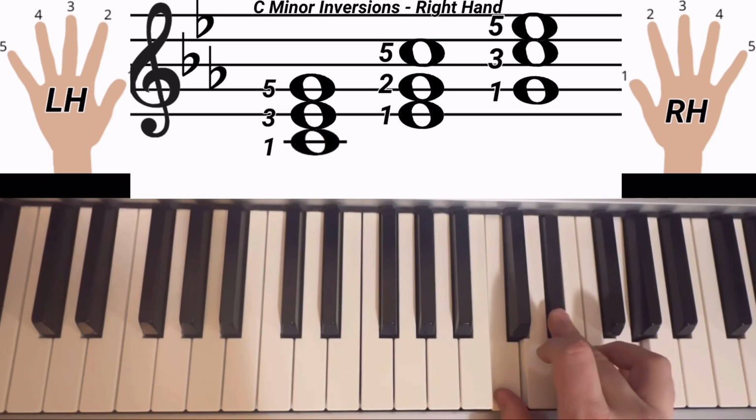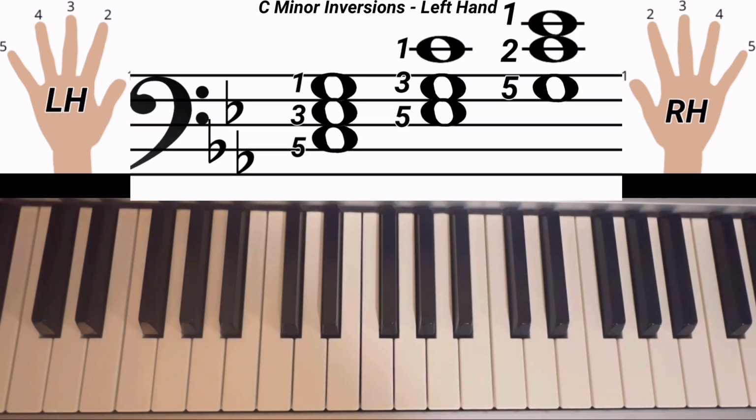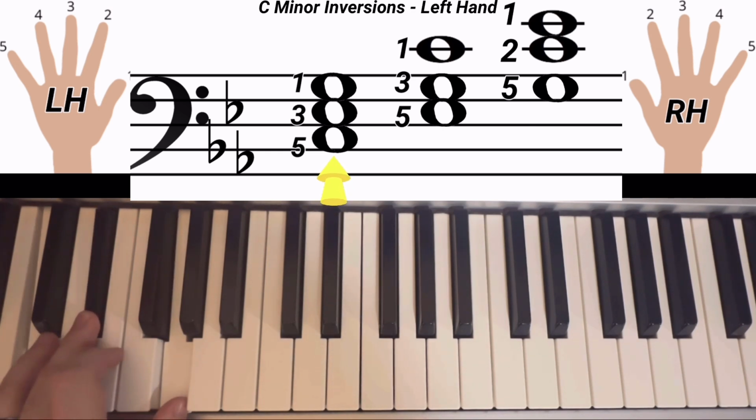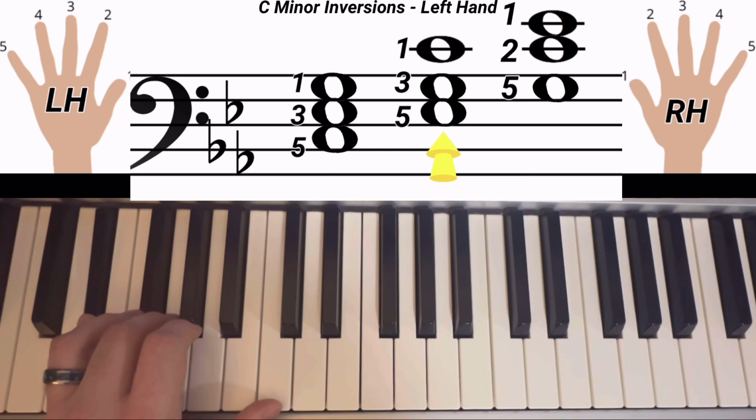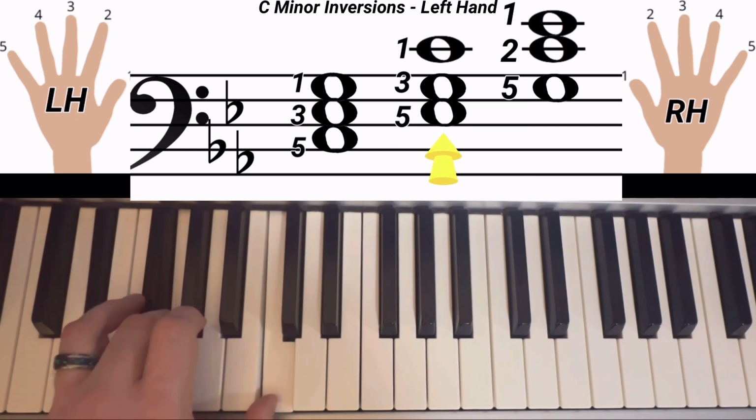Moving over to the left hand, our notes are the same, but we'll use different fingers. We'll play that root C minor chord with fingers 5, 3, and 1 on C, E flat, and G. Then we'll shift up, putting finger 5 on E flat, and we'll play the first inversion, which is spelled E flat, G, and C, with fingers 5, 3, and 1 again.